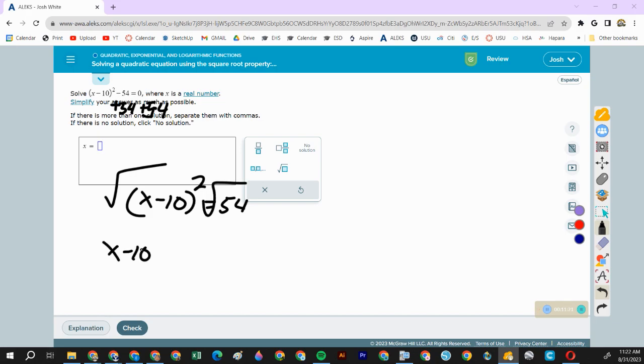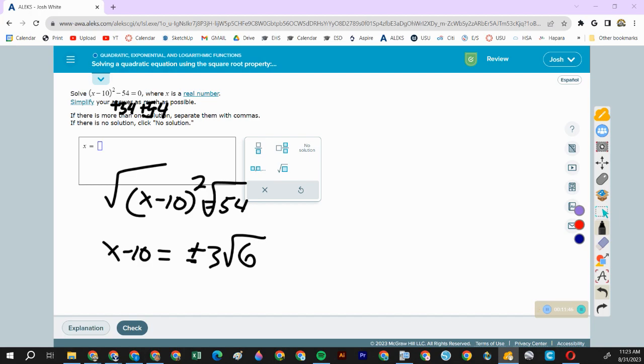X minus 10 equals plus or minus the square root of 54. Think about it. Does 54 have any perfect squares inside of it? 9. 9 times 6. So we square root the 9, which gives us 3, and we leave the 6 on the inside.